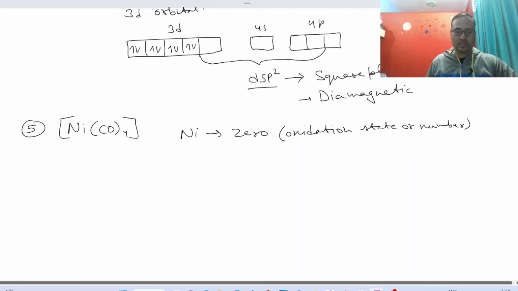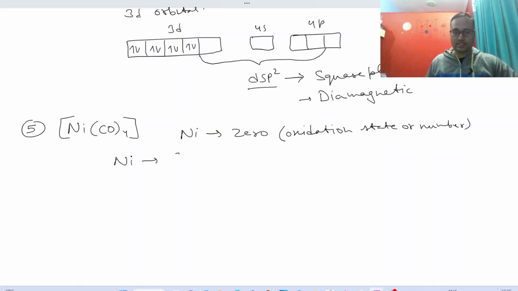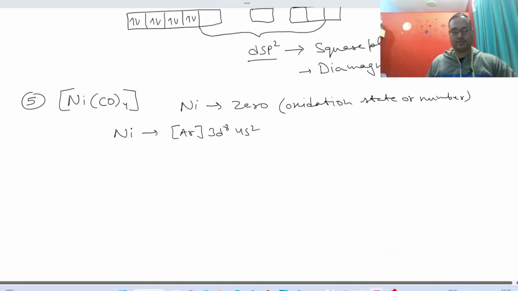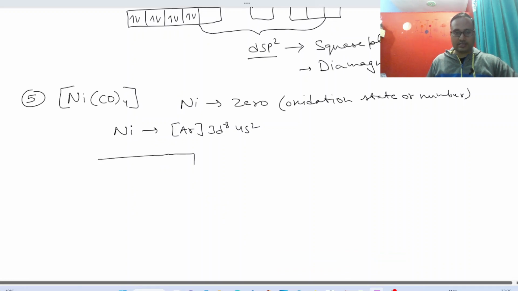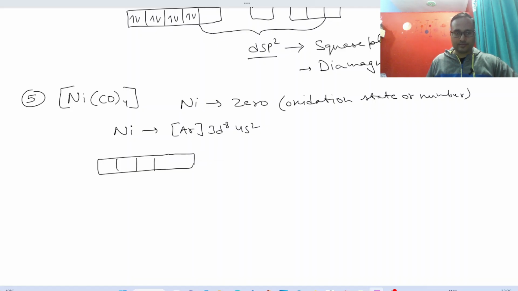It means the electronic configuration in this complex of nickel could be written as argon 3d8 4s2. So we can represent it as: we have 8 electrons in the 3d orbital, 2 electrons in the 4s, and we have an empty 4p orbital.